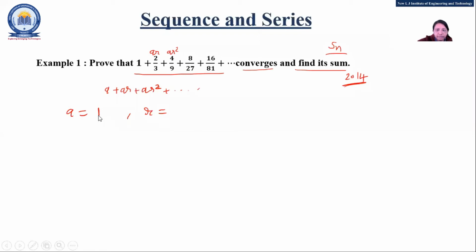A equals 1 is okay. Now we are discussing R. Is R 2 by 3 or 1 by 3? Okay, most are writing 2 by 3.